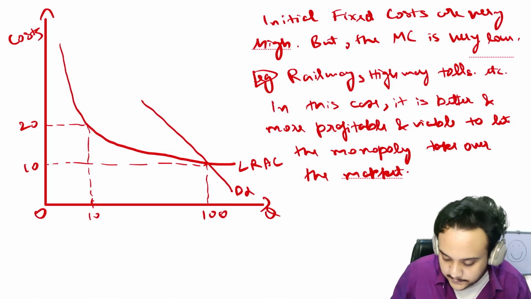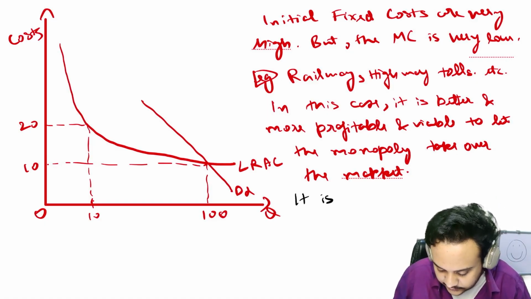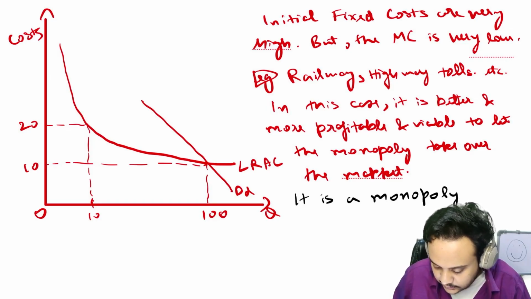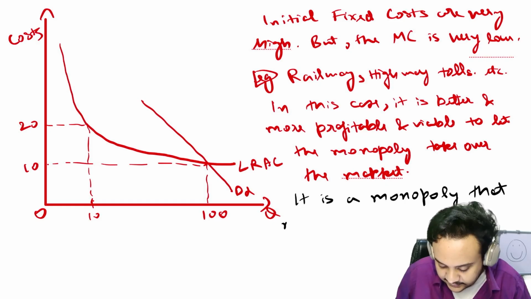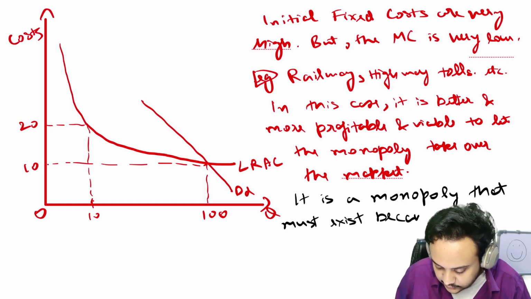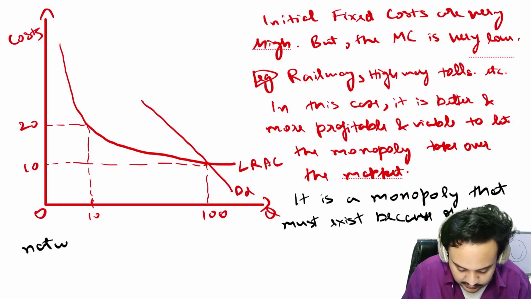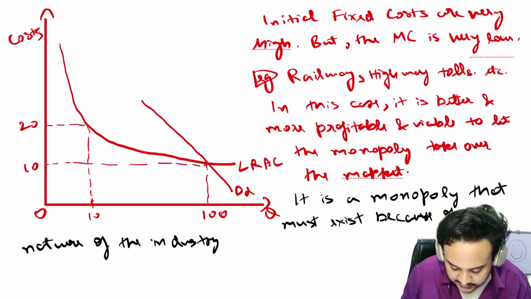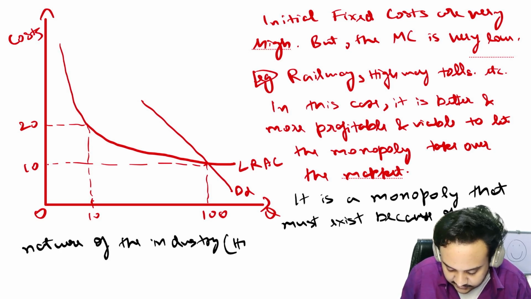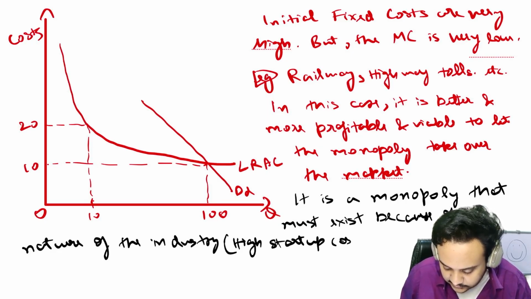You can write this down, that it is a form of monopoly that must exist because of the nature of the industry. And what is the nature of this industry? You can write in bracket that it is very high startup costs but low marginal costs.